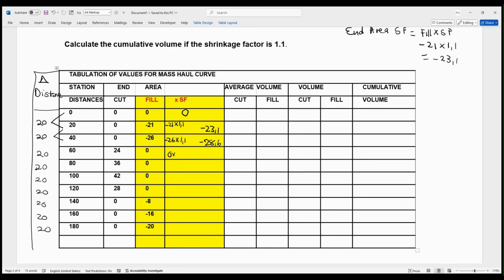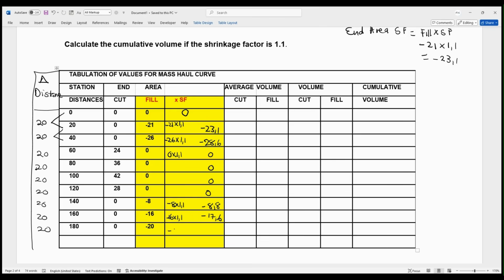Then 0 times 1.1 is 0, 0, 0, 0, and negative 8 times 1.1 equals negative 8.8. Negative 16 times 1.1 is negative 17.6.